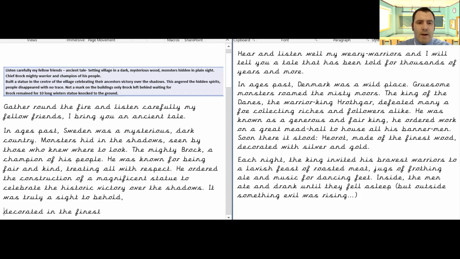Let's just move that down out of the way a second. Made from the finest stone. Decorated. So I'm not going to have finest in again. I'm going to have, ooh, glowing. Decorated in glowing gold. I'm going to magpie as well. I'm going to take gold and silver.